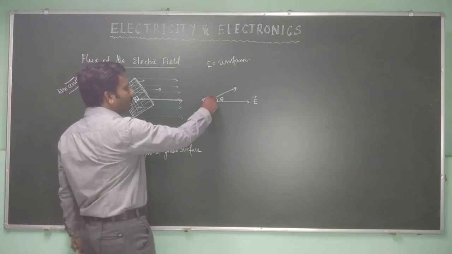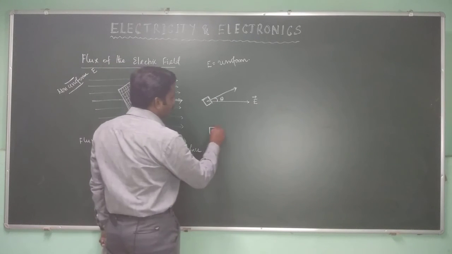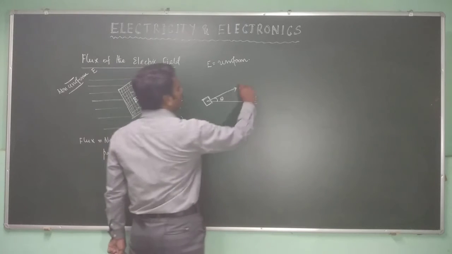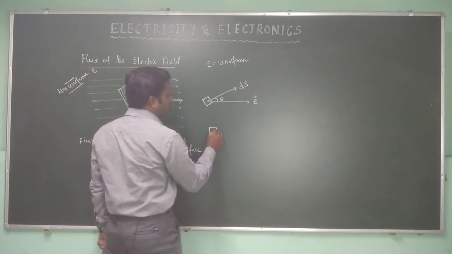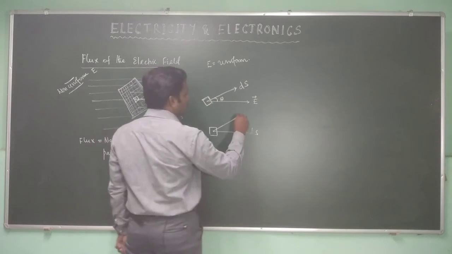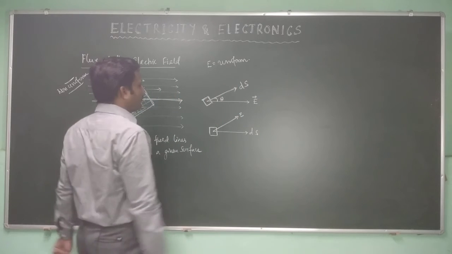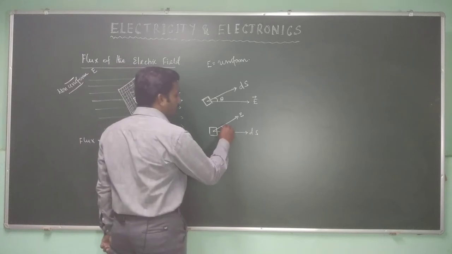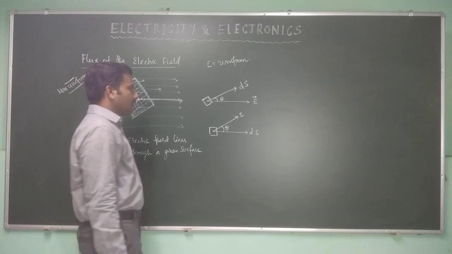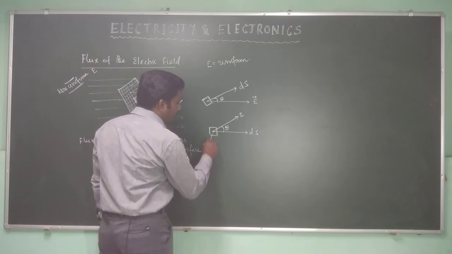Now if you straighten this, you can draw the square like this. So you can name it as ds. In that case, this becomes ds and this line becomes E if I straighten this. Okay, and this is theta. Right? Now we can write the flux phi at this point.